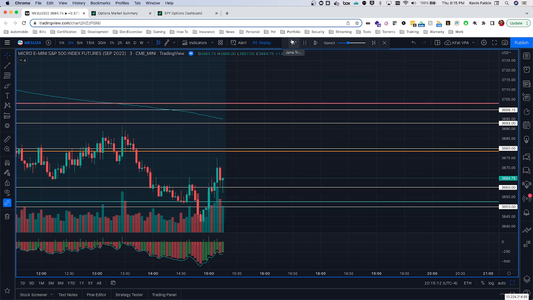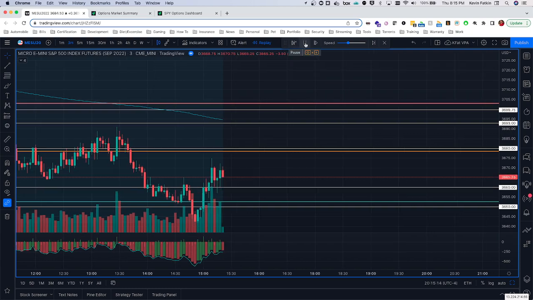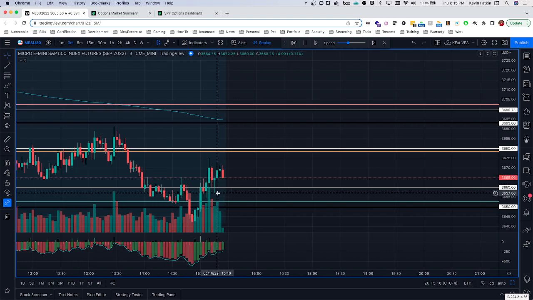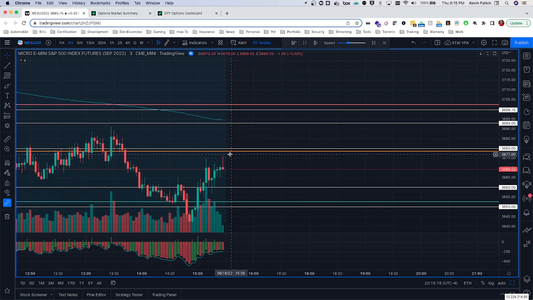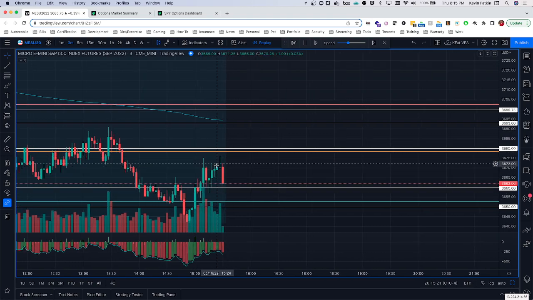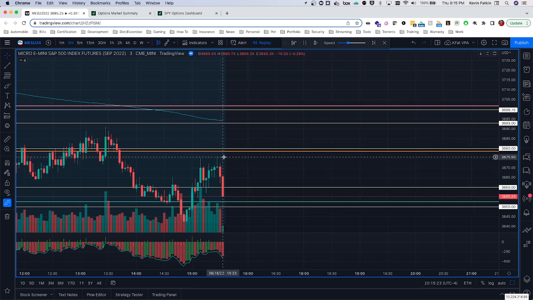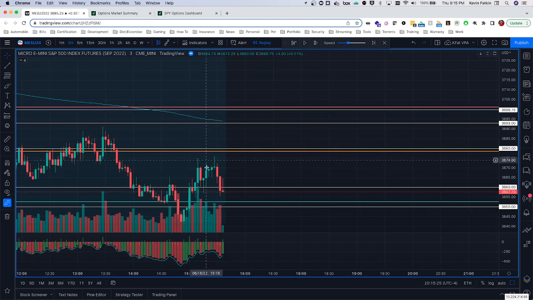And looking at this, there would have been some scary times, but once you're in the play and you have your target set, it really is best to make an effort to not let yourself get shaken out, especially on a chop day like this.